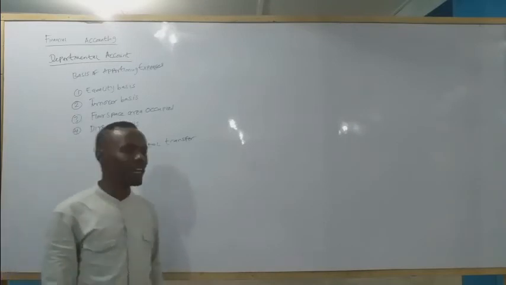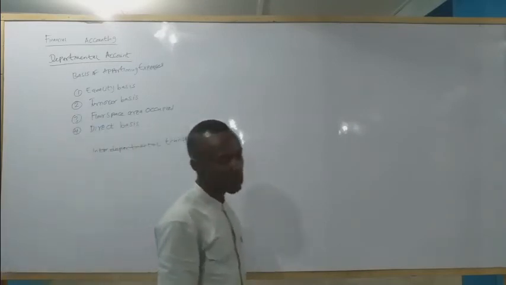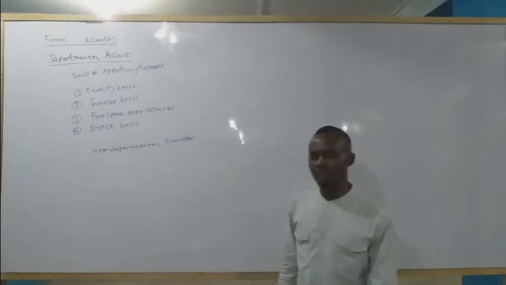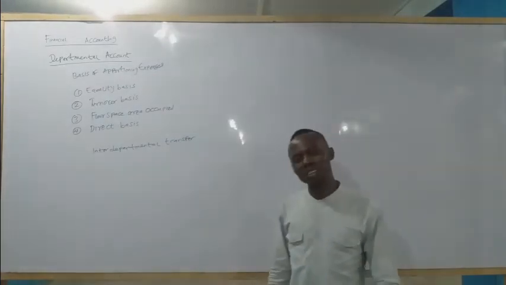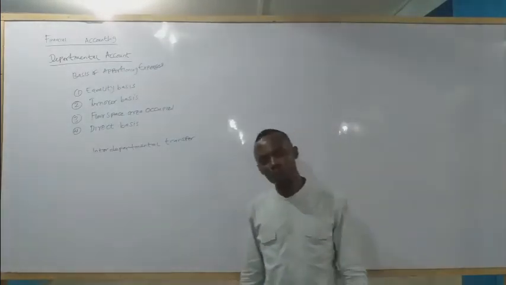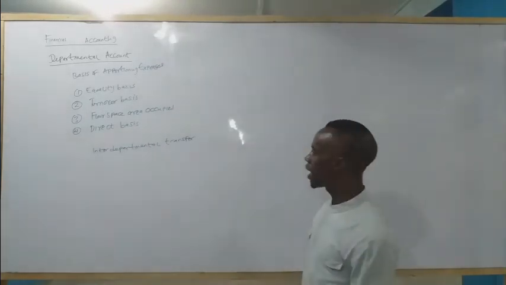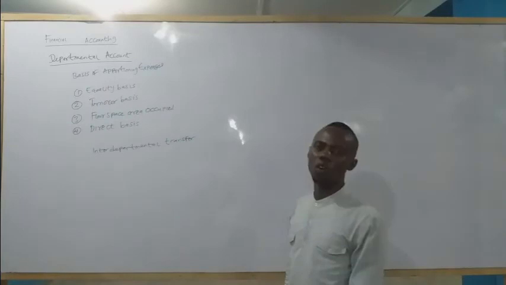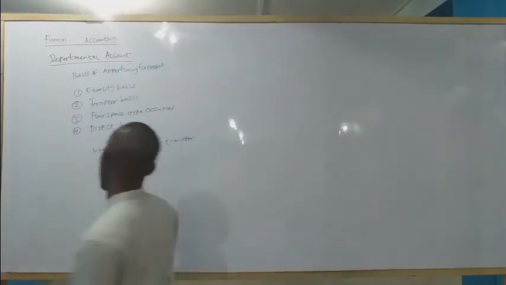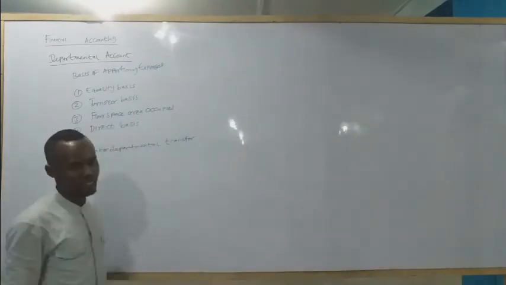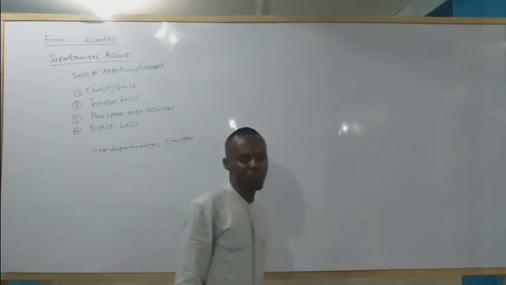But in many situations, it is forbidden, because a company cannot sell to itself and make profit from sales to itself. So that is why it is basically on cost. So we quickly look at examples under departmental accounting.